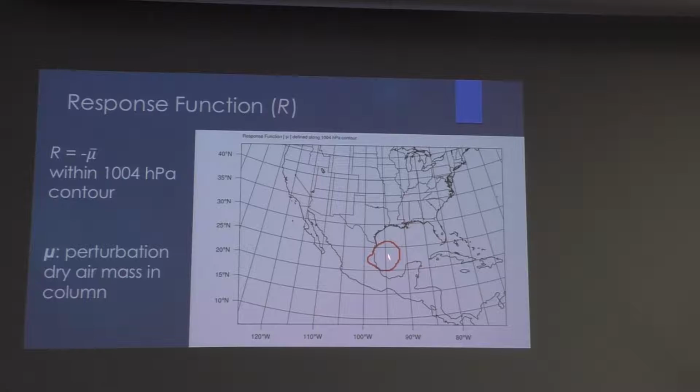And then we also choose an area as opposed to a specific point, because if we perturb our model and we allow it to evolve, we want to be able to check whether our perturbations evolved as we prescribed them. So in case the center shifts, we can still capture what's happening physically.